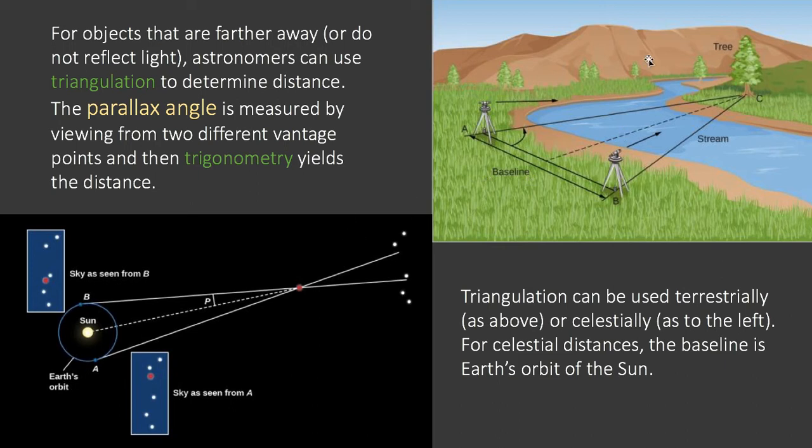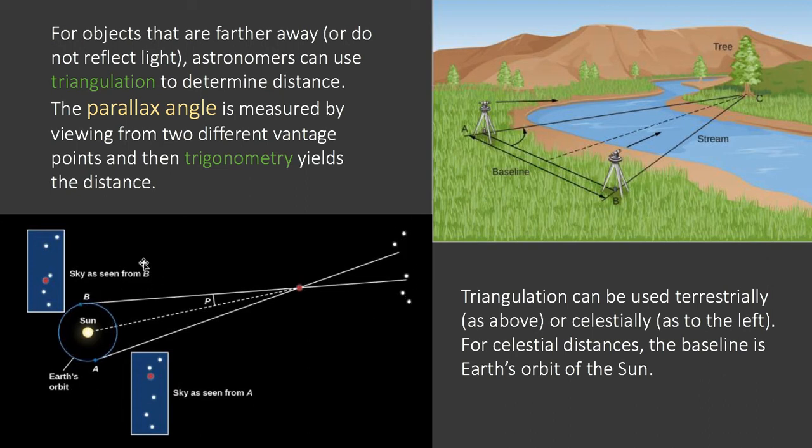Okay, so now let's go from this picture to the stars. We can create a similar setup with the Earth's orbit. If you're over here at point A, looking at a star, and over here at point B, looking at a star, its position in the sky relative to the stars behind it is going to move.